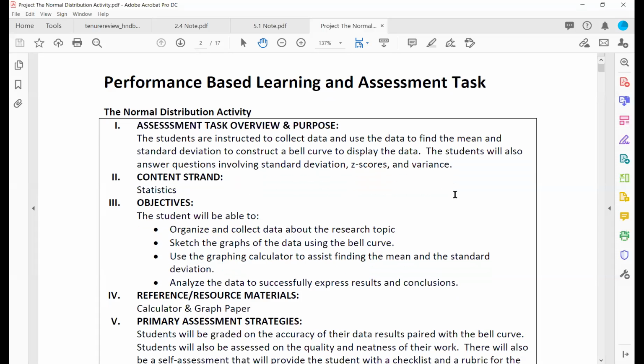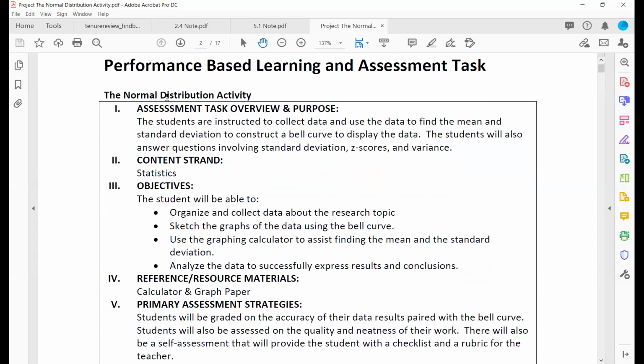So in this project, we're going to deal with normal distribution. The students are instructed to collect data and use the data to find the mean and standard deviation to construct a bell curve to display the data. Students will also answer questions about standard deviation, z-scores, and variance.